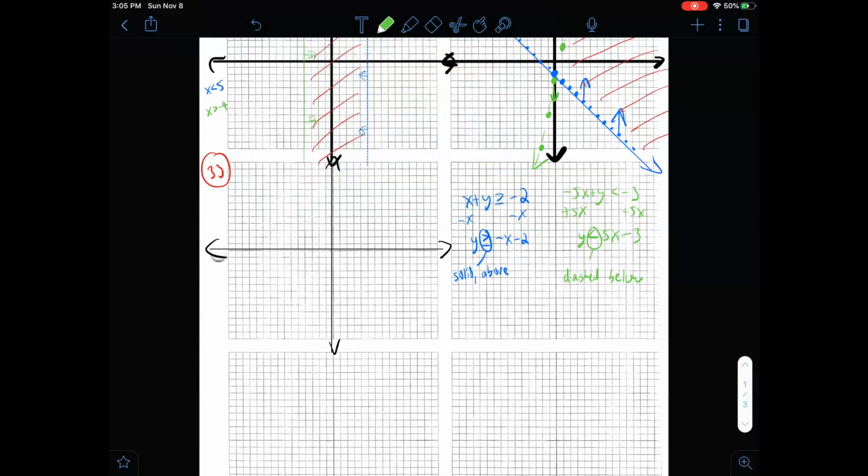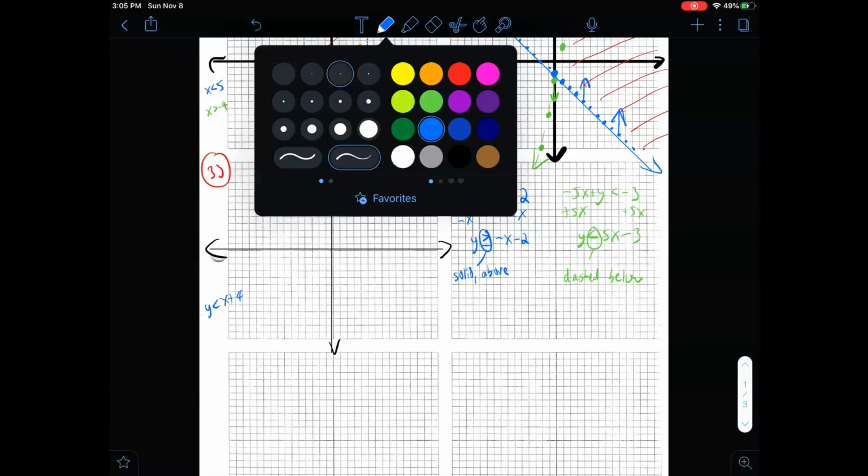Okay, lines are not perfect, but that's okay. So our blue equation is going to be y is less than x plus 4, and y is greater than or equal to negative 2x plus 1. That's the other equation in green, actually.